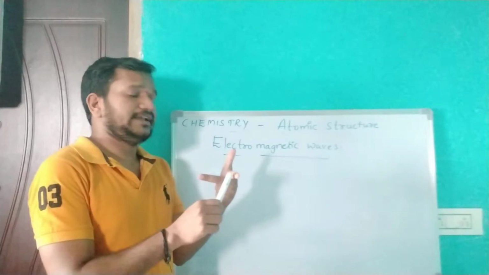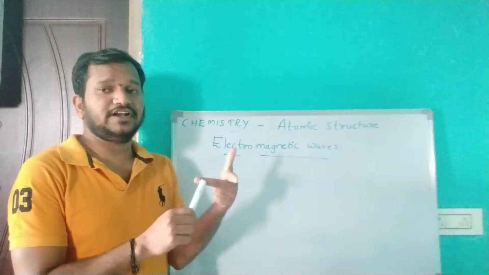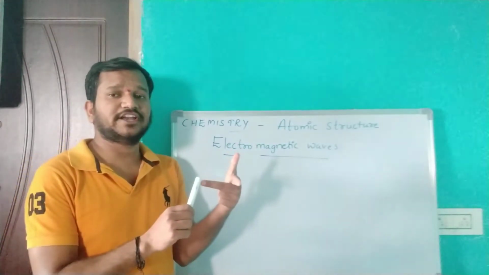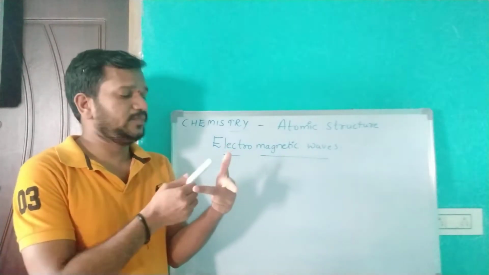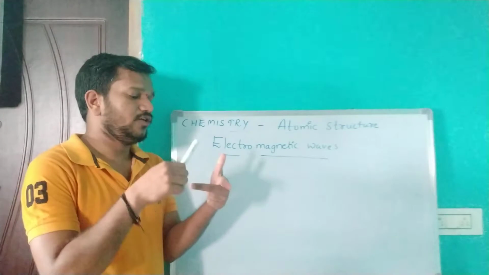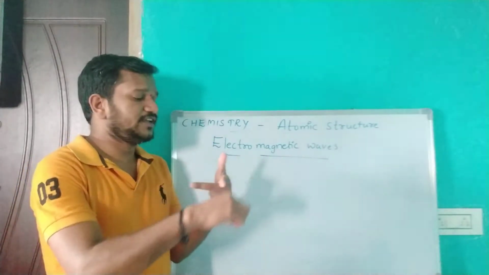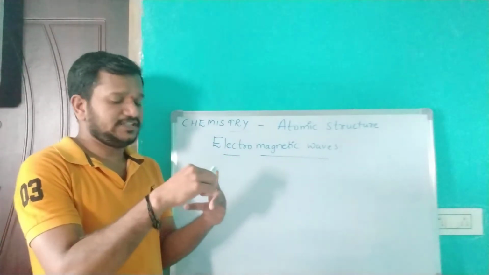The electric component and magnetic component are perpendicular to one another, and these two are perpendicular to the direction of the wave. All three are perpendicular to each other.